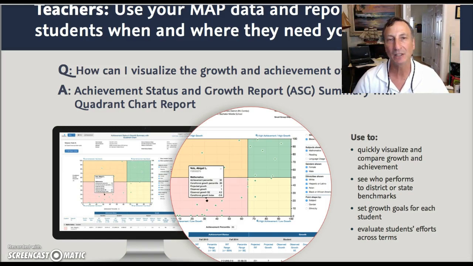And the idea is that we really want to move students up and to the right, because we're not as much concerned about achievement as we are growth. So we want more growth, which means moving up, and we want more achievement, which means moving to the right. So let's see what comes up next.